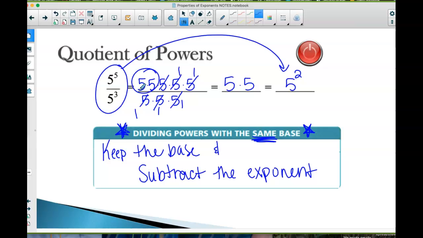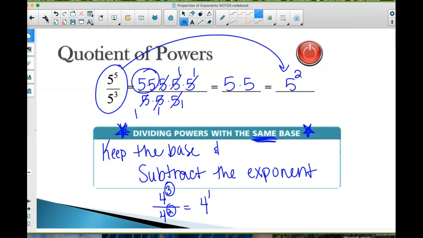Okay, so these problems are going to look more like this. We might have 4 to the third power over 4 to the second power. Again, the bases are the same, and we just subtract 3 minus 2. So it'd be 4 to the first power. Okay, questions there?